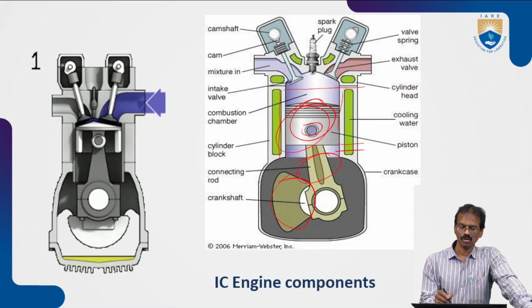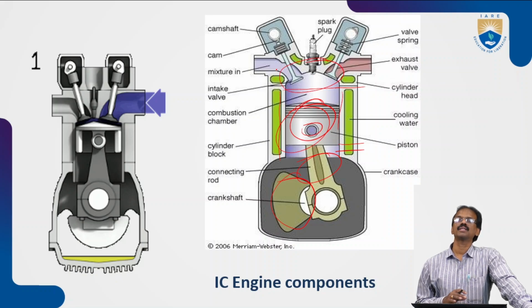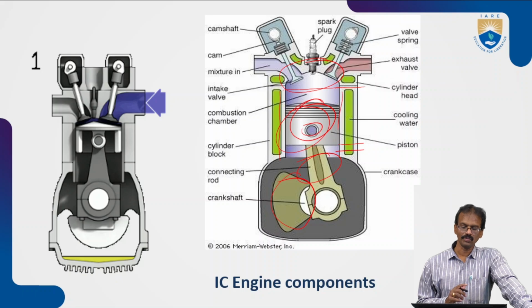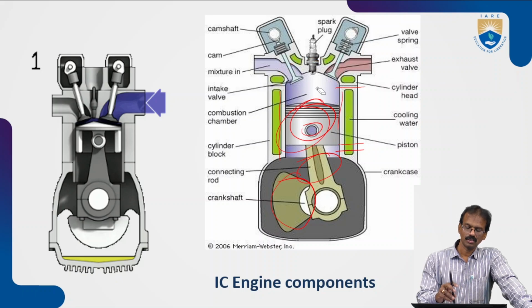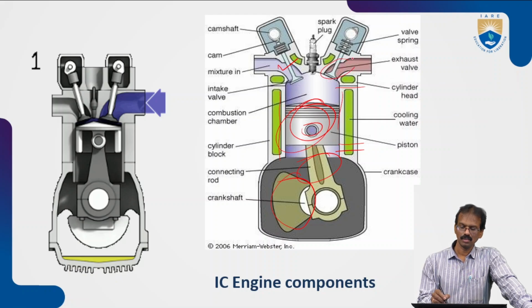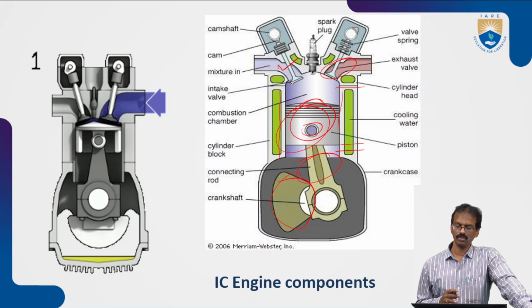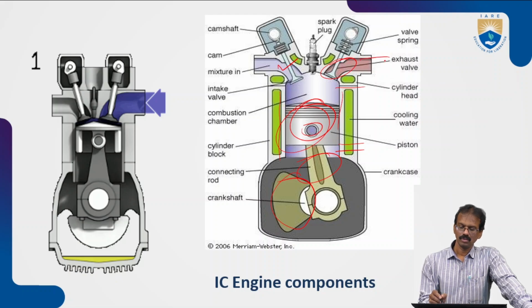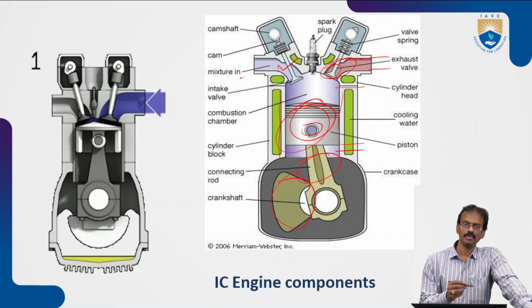The top portion of the chamber contains some valves also. This is the inlet manifold valve, and this is the exhaust manifold valve. In the exhaust manifold, the exhaust valve is fixed, and in the inlet manifold, the inlet valve is placed.